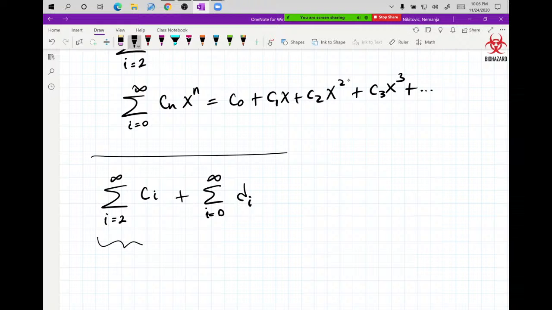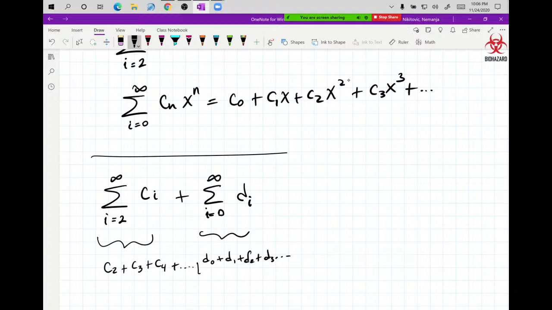See, this one over here, we said it's C2 plus C3 plus C4 plus and so on. And this one over here is D0 plus D1 plus D2 plus D3 and so on. They are not starting both at 2.